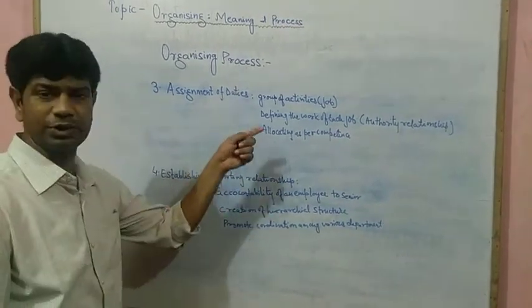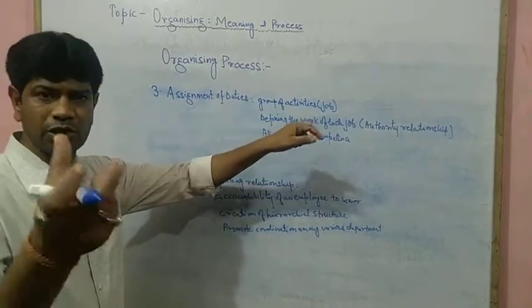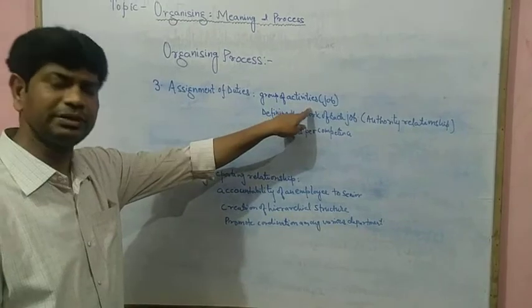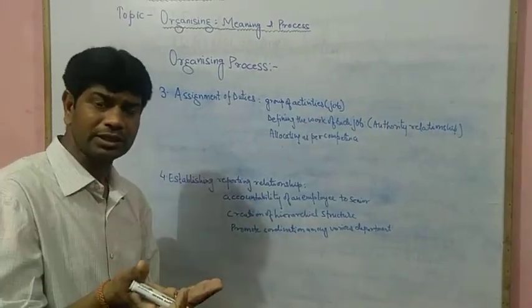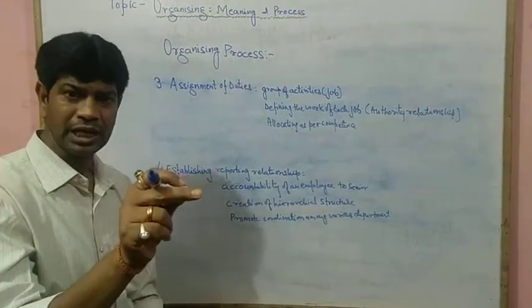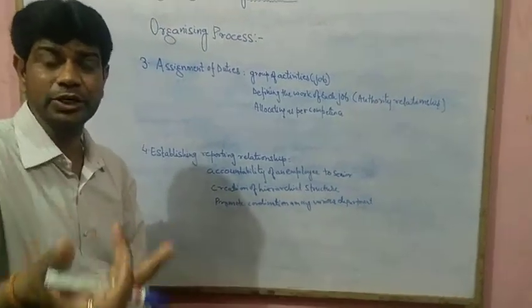When we assign a duty after grouping, that is, a group of activities, it is called a job. So when we assign this job, we define what the job holder, or the person who is holding a position on a job, is expected to do.